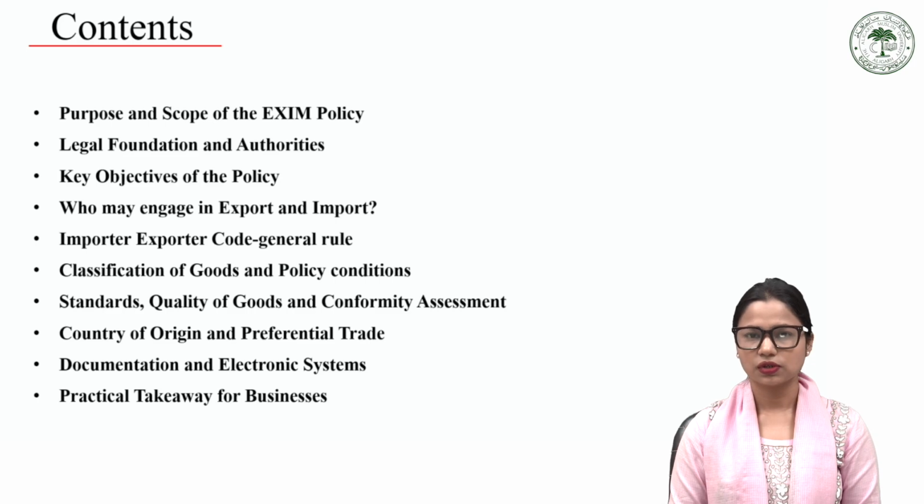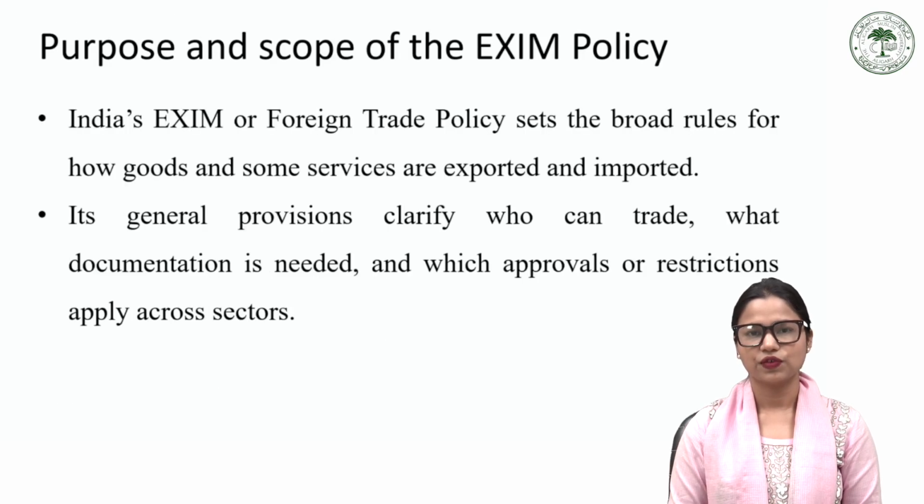We will then also discuss the classification of goods according to the policy and policy conditions, standards, quality of goods and conformity assessment, country of origin and preferential trade, documentation and electronic systems, practical takeaway for businesses. Let us start with the purpose and scope of the EXIM policy.